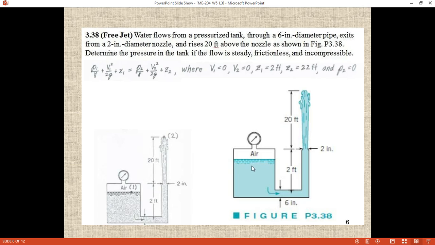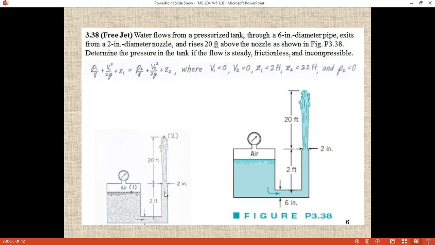Since it is a big reservoir, the velocity at point 1 is 0. It is a free jet, and at the final point the velocity is also 0, so V2 is also 0, and this is our reference point. At point 1 the height is 0.